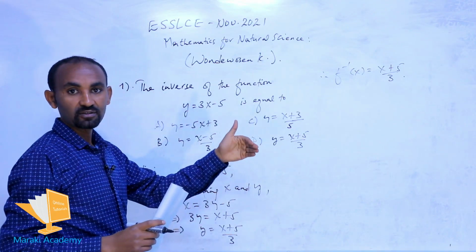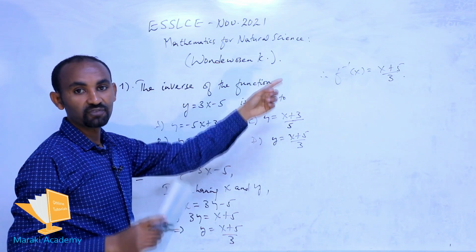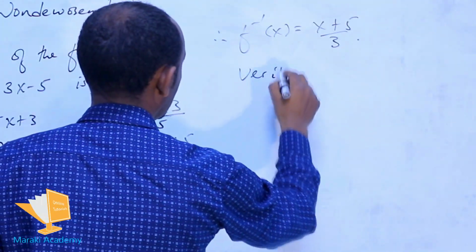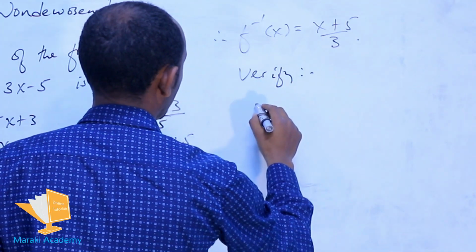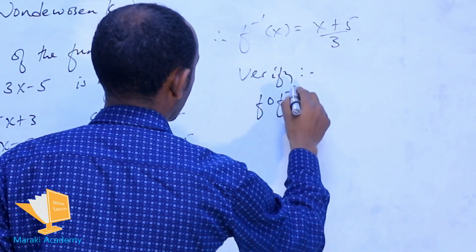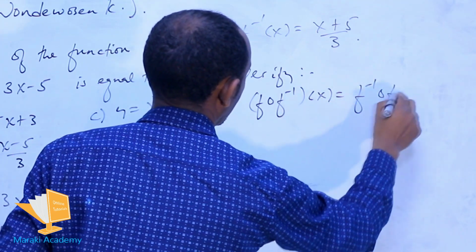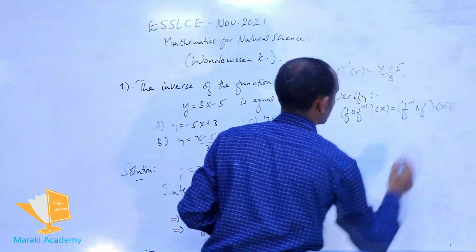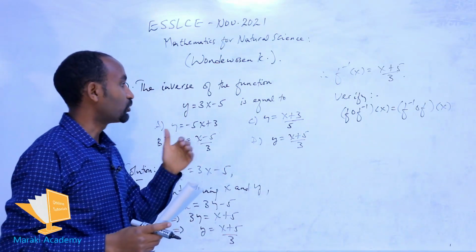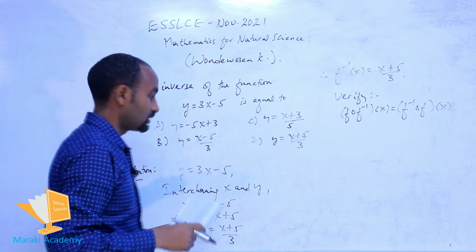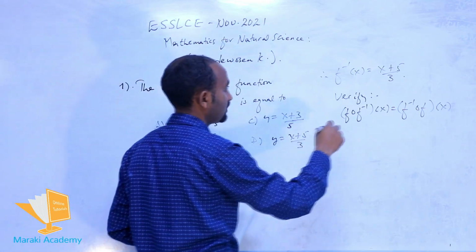How do we verify that that's really the inverse of the function? To verify, we compute f of f inverse of x, or f inverse of f of x. The composition of the function and the inverse of the function should give us the identity function, or the variable x itself.